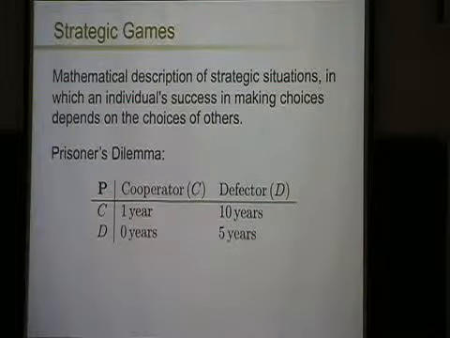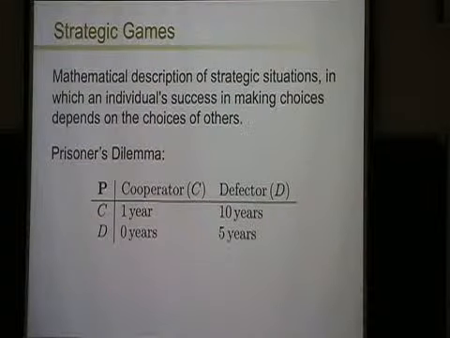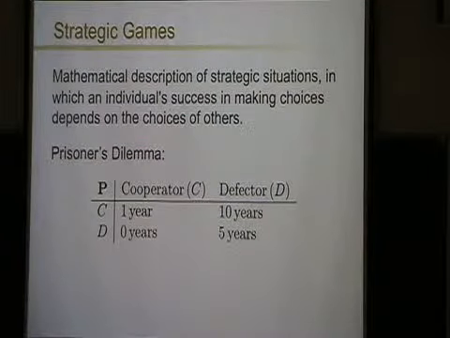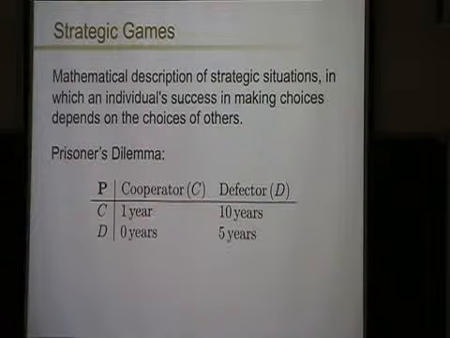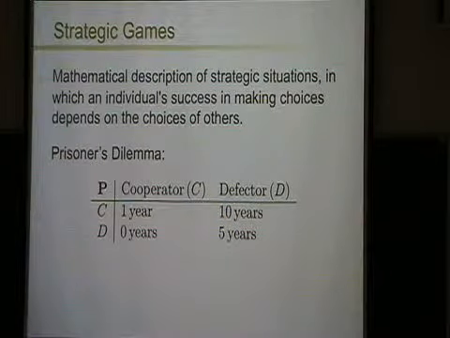So they put them into two different rooms where they cannot communicate, and then they question them. And it goes like this. If one suspect testifies against the other, so he betrays the other, while the other one doesn't say anything, then the one betraying the other gets free, and the other guy is worse off.